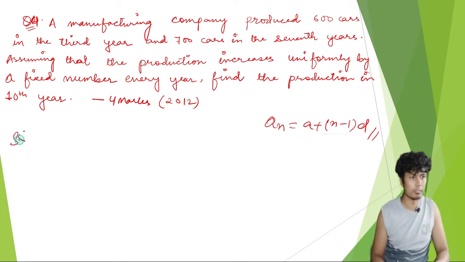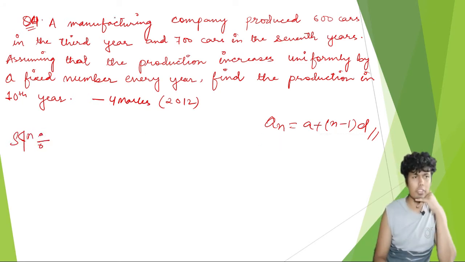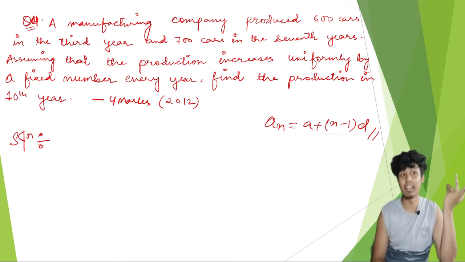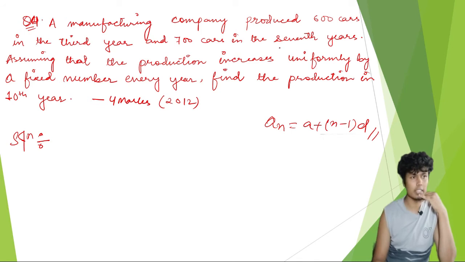Okay, solution. What is the question saying? There is a company which is manufacturing cars. They produce 600 cars in the third year, and 700 cars in the 7th year. Assume that the production increases uniformly by a fixed number every year. Find the production in the 10th year.